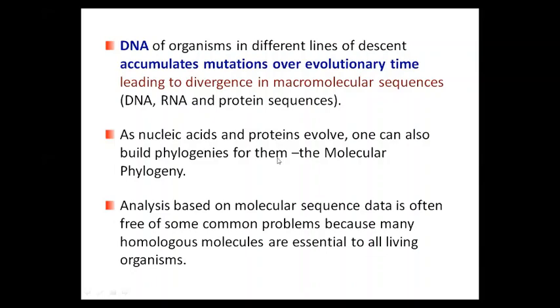A new strain or species may emerge due to this evolutionary process. As the nucleic acids and proteins evolve, one can therefore very easily build inferences based on the molecular data regarding the evolutionary relationship among the species or strains, and that is called phylogenetic analysis.